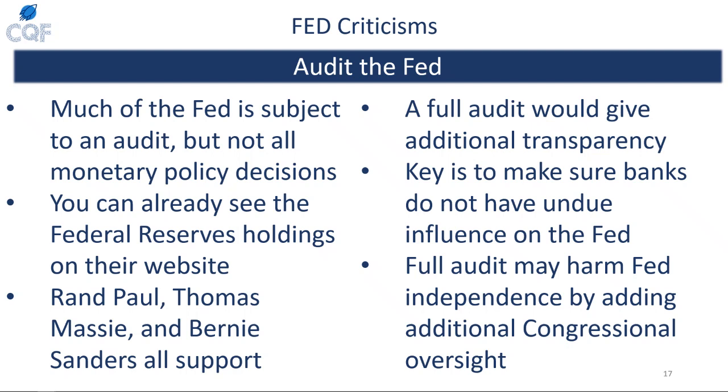And more importantly, the key is to make sure banks do not have undue influence on the Fed. If you look at, say, the background of Jerome Powell, he worked on Wall Street, for example. So there's a lot of connections there. So the audit the Fed movement is to make sure that the banks are not influencing monetary policy.